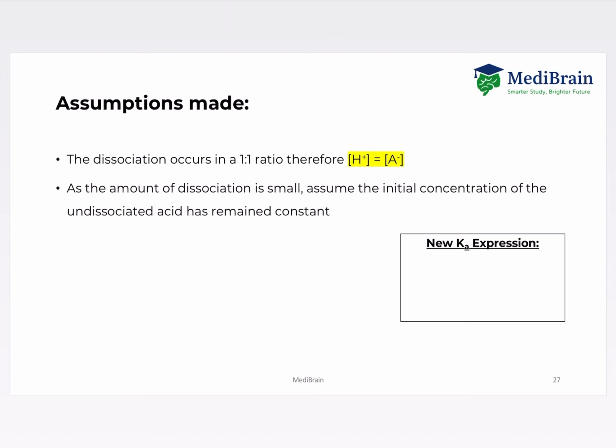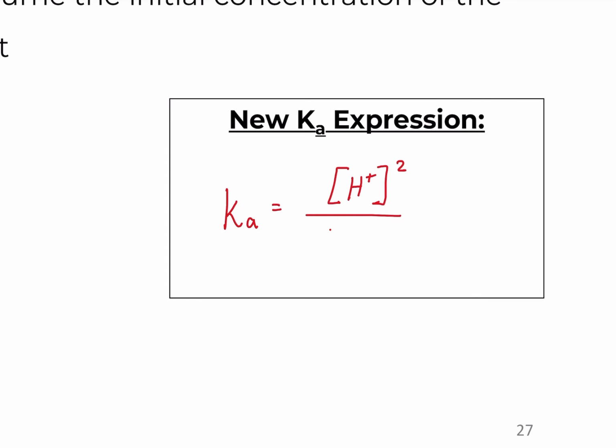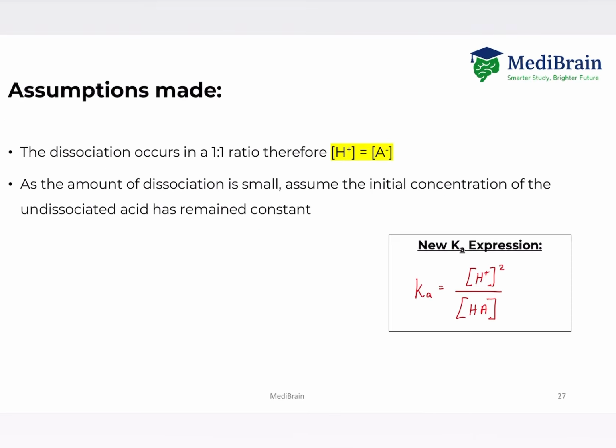Okay, and all this means is if we look at the new Ka expression, we're going to have Ka equals H plus squared over concentration of HA. And the reason why this is the new expression is basically because of this fact.